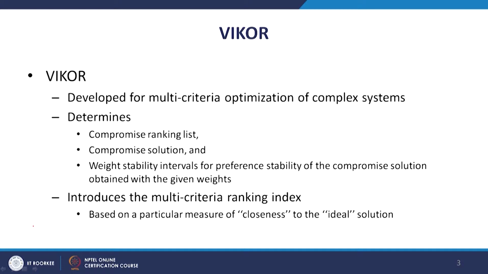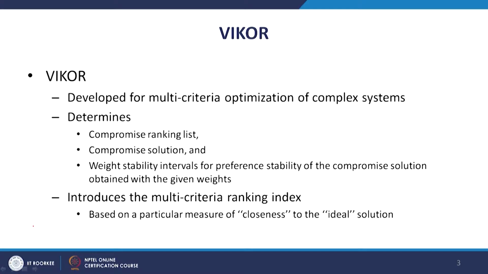If you change the criteria weight slightly outside of that range, then the list and the solution might change. That is what the third point means: the weight stability intervals, which indicate the preference stability of the compromise solution obtained with the given weights.